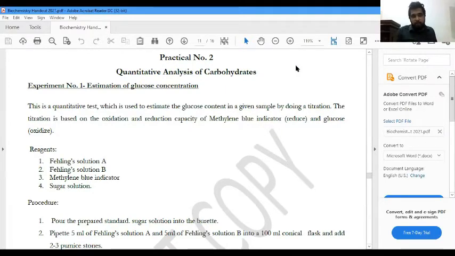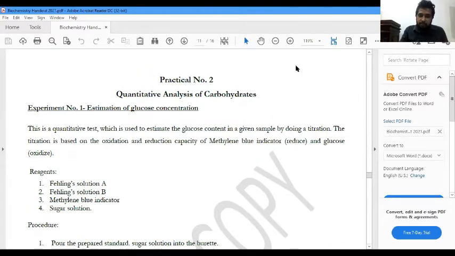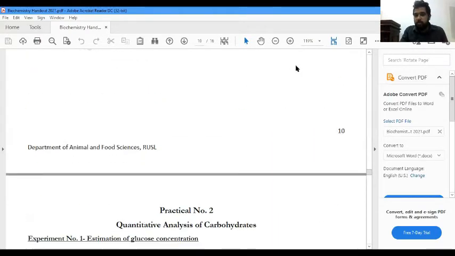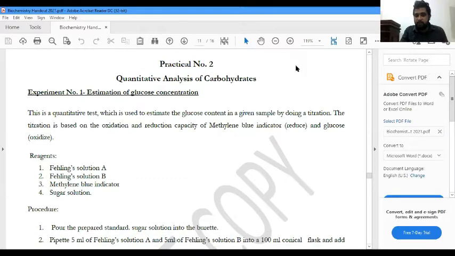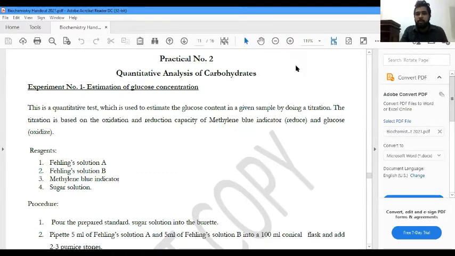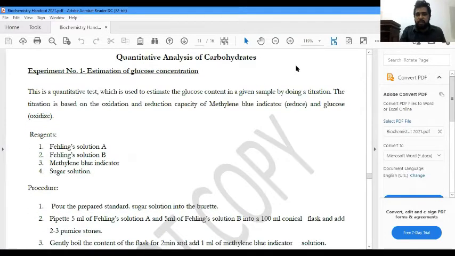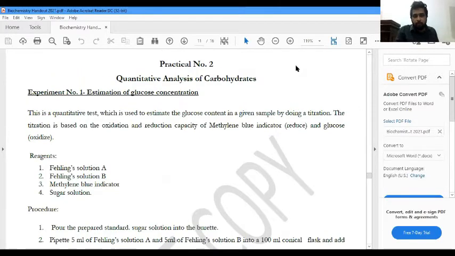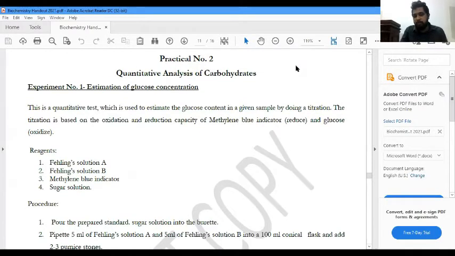Here, we are going to analyze carbohydrates quantitatively, specifically glucose. The principle of this test we have already discussed in the Fehling test, and this titration is known as the Lane-Eynon method.